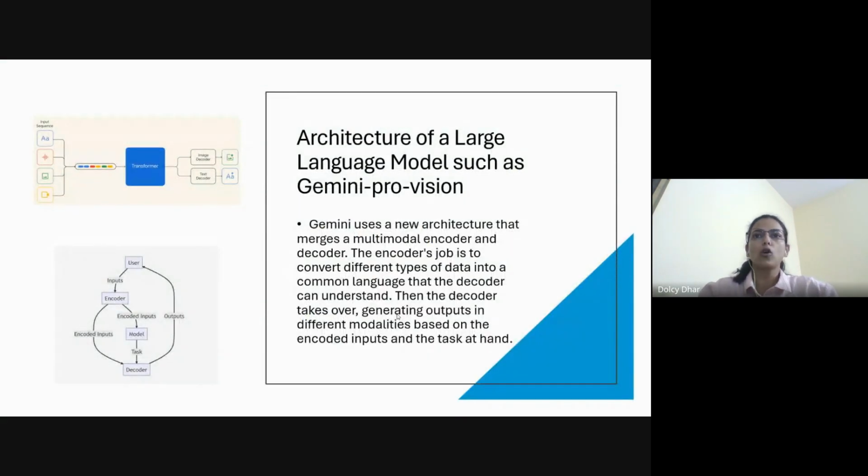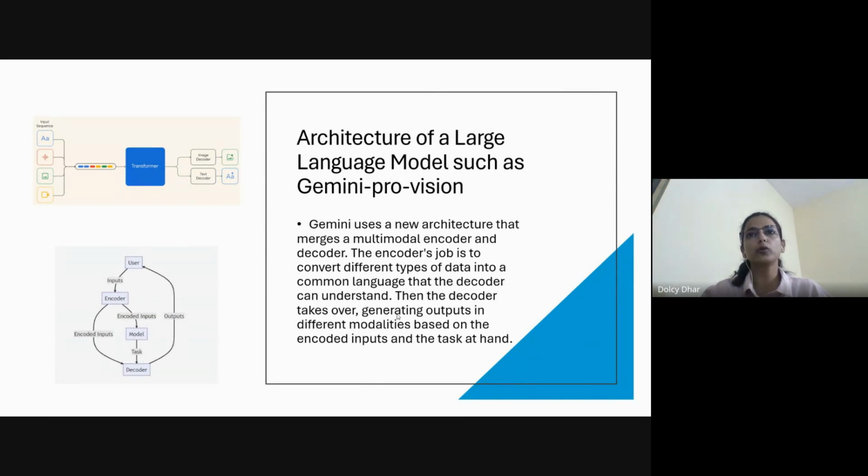A small overview of the architecture of a large language model. This is a model by Google. It's an open source model. We don't have the Gemini Ultra as of now, but we do have Gemini Pro and Gemini Pro Vision. Pro is entirely for text. Its job is to process text data and generate summarization, text generation or any other task that you want to do.